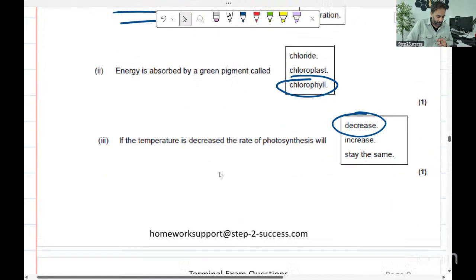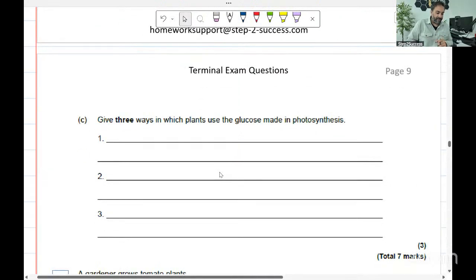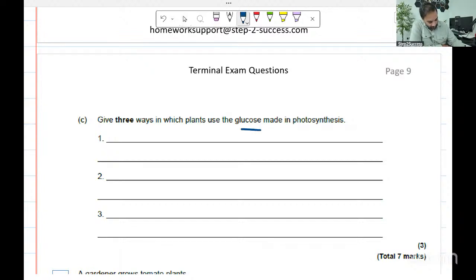And then three ways in which plants use glucose if you are here in year 11. This is a very typical question that you get about how plants use glucose, and you should have a few answers in your mind. For example, the glucose is used for respiration. Respiration requires glucose.